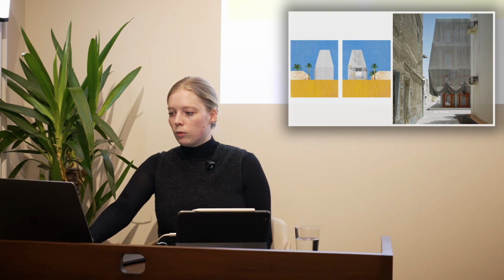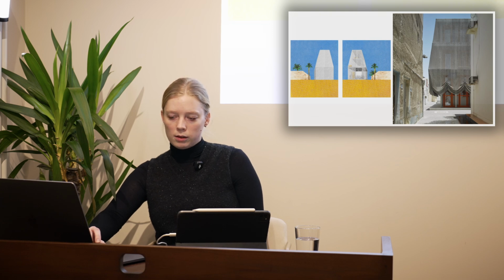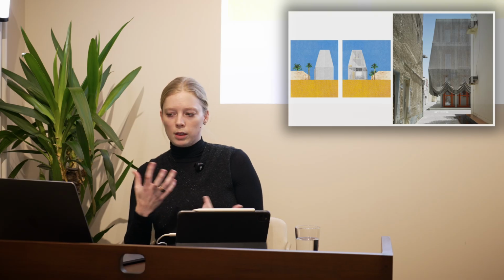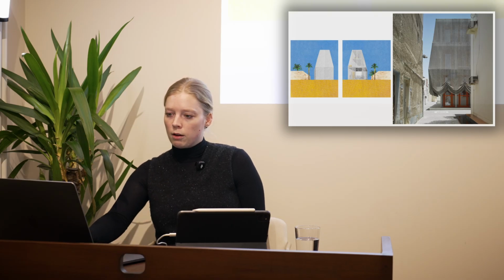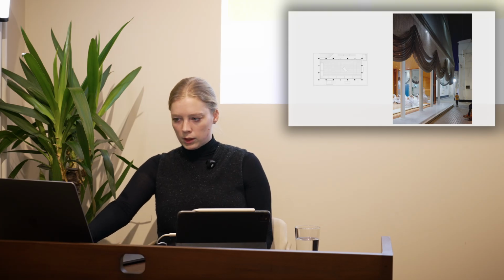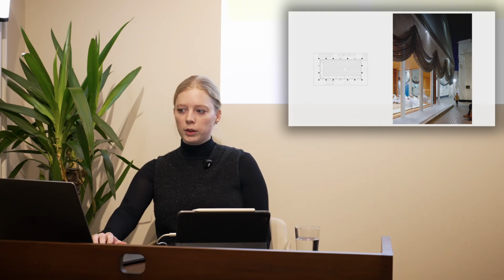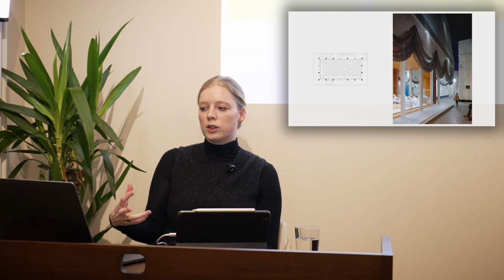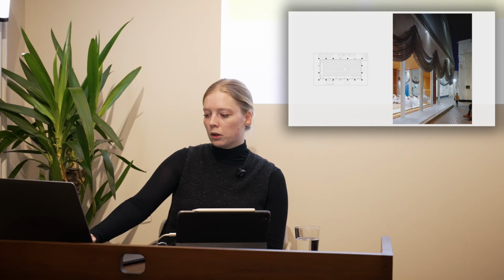And the way that it ends up getting represented in this rendering is it becomes this kind of solid element, and you lose this sense of curtain, even when it's more open. Though there is kind of an attempt here, I don't think it really does justice to what you actually see in photography.